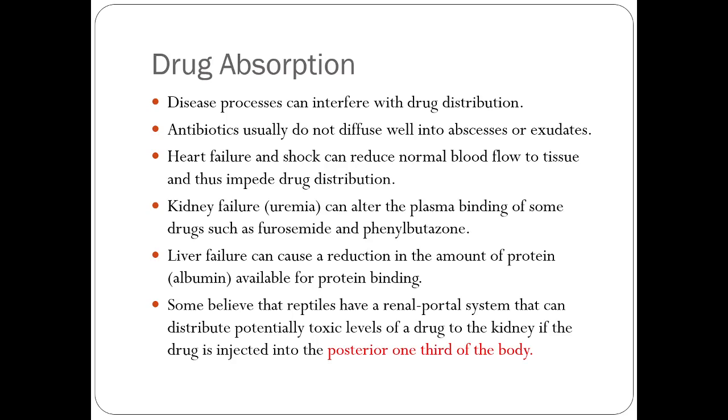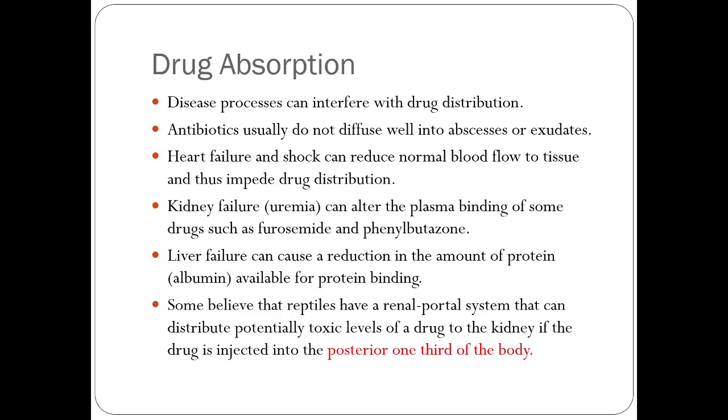Heart failure and shock, because of decreased blood flow, can reduce tissue distribution of the drug. Kidney failure or uremia can alter the plasma binding of some drugs like furosemide or phenylbutazone.